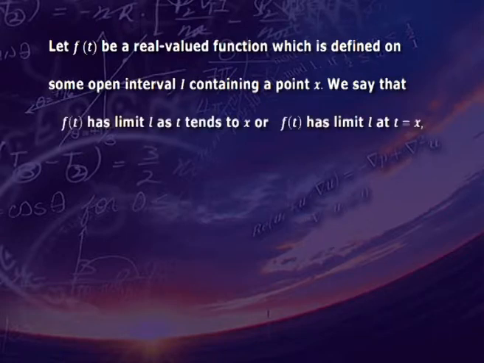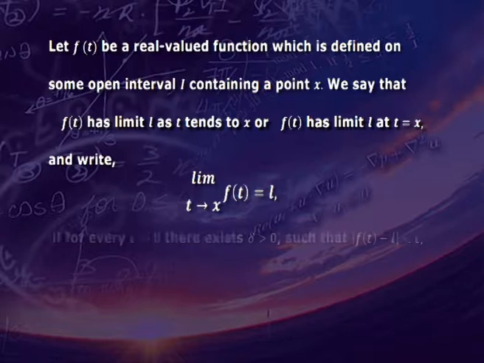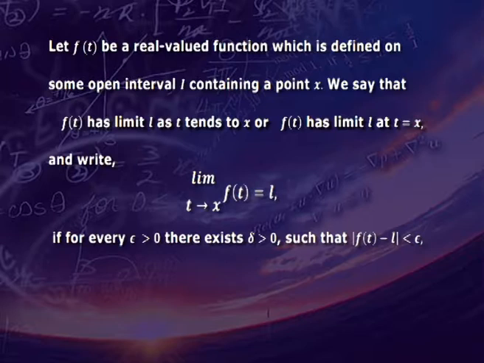We say that f of t has limit L as t tends to x, or f of t has limit L at t equal to x, and write limit of f t equal to L as t goes to x if for every epsilon greater than 0 there exists delta greater than 0 such that mod f t minus L is less than epsilon whenever t belongs to I, and mod t minus x is greater than 0 and less than delta.